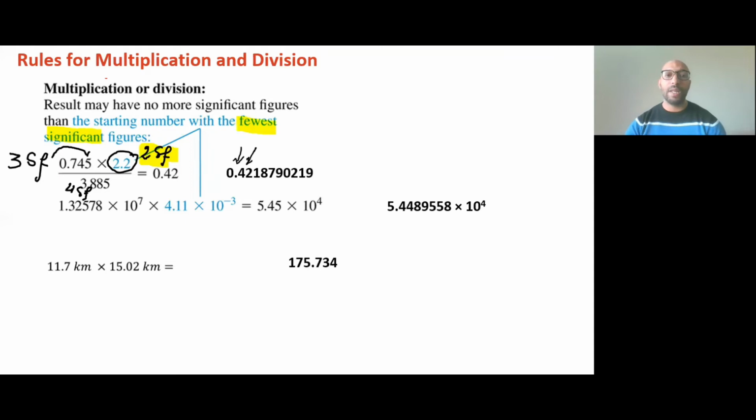In our case, this one is lower than 5, so our result will be 0.42. How many significant figures here? We have 2 significant figures, the 4 and the 2, and this is our correct result.